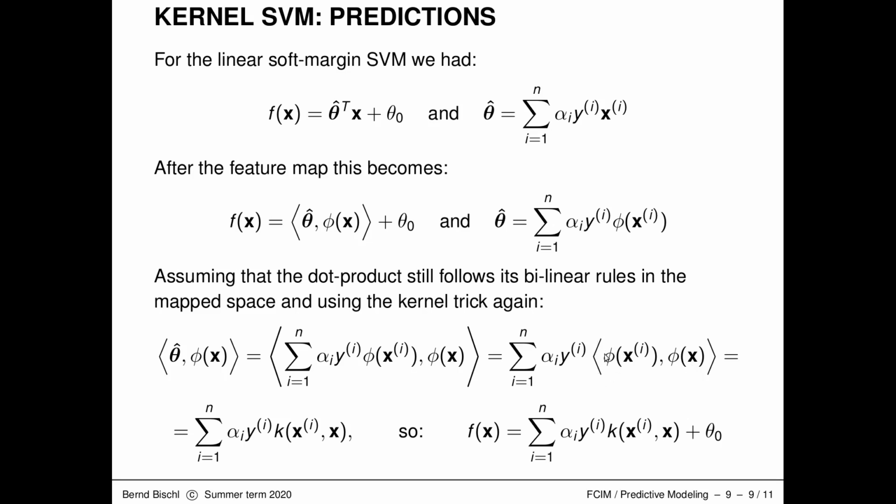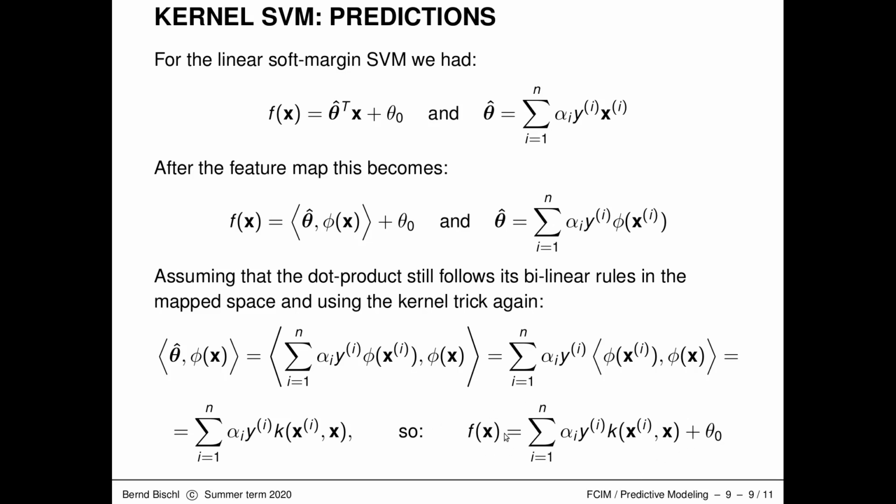So we have here mapped representations into phi space of the ith and of the x observation, and then we compute a dot product between them, and we know that we can abbreviate that simply by using our kernel function. I'm using that here, and that basically gives us the required result, because now we can write f of x as this computation with the kernel function plus an intercept.